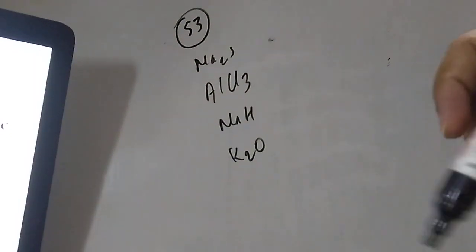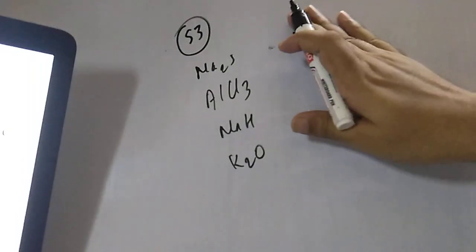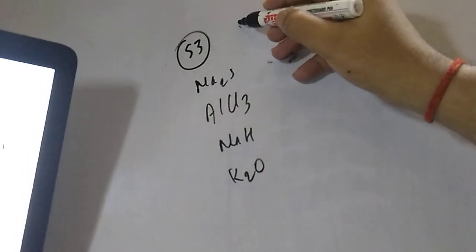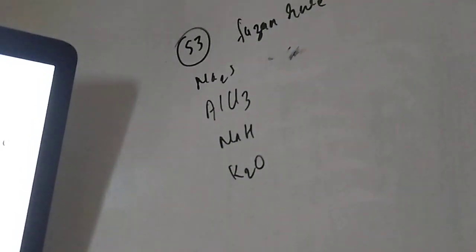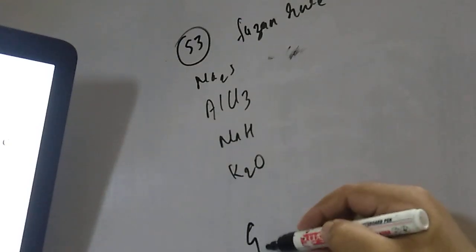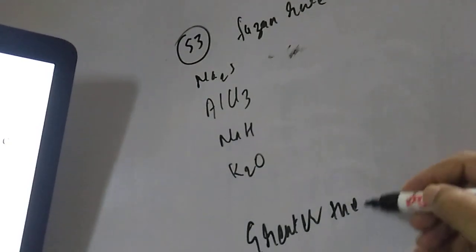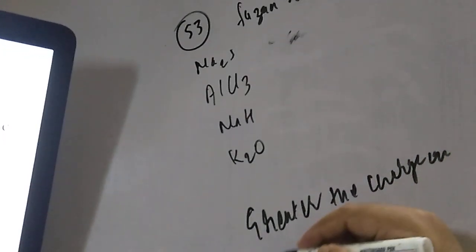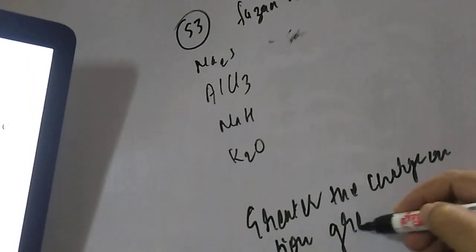Na2S. This can be explained according to Fajan's rule. First of all, to answer this question, you should know Fajan's rule. Fajan's rule says that the greater the charge on the cation, the greater is the polarizing power.